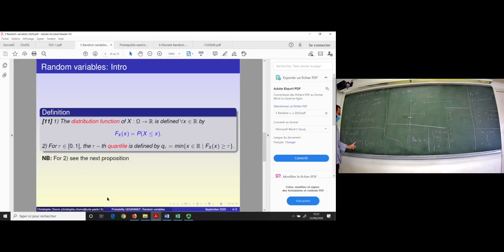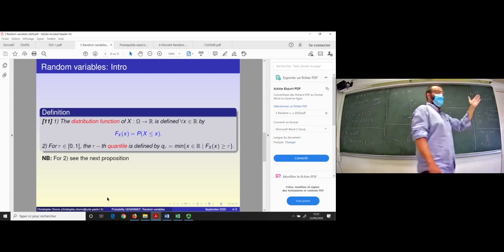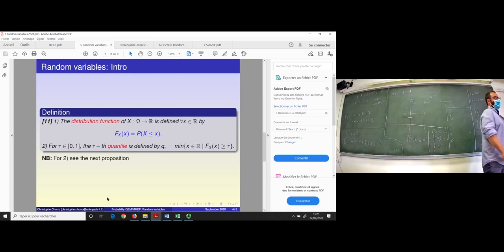That is the value that separates the distribution into two parts, the ones less than 1/2 and the ones greater than 1/2, so that the probability to be less is 1/2 and the probability to be greater is 1/2. But focus more on the distribution function today, because for the median I will come back on this point in the slides concerning the statistical part of the course.